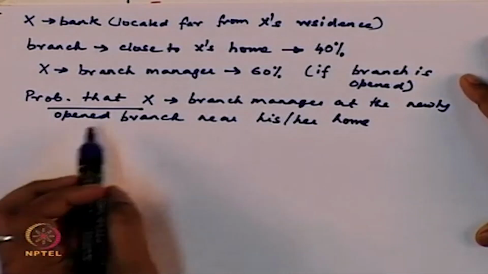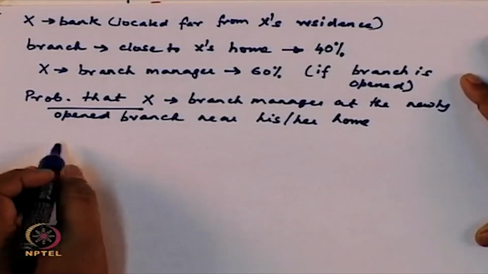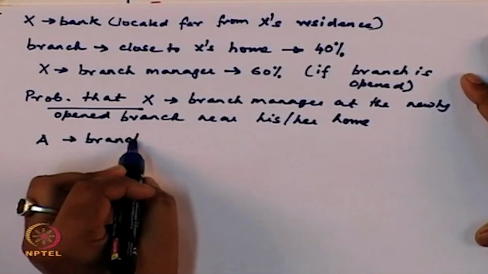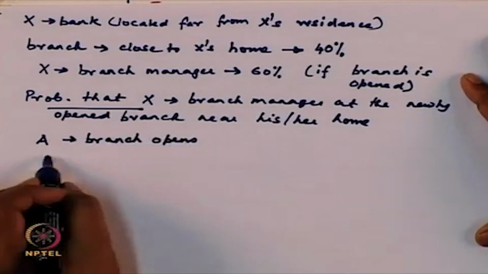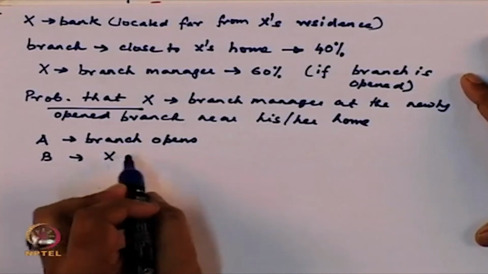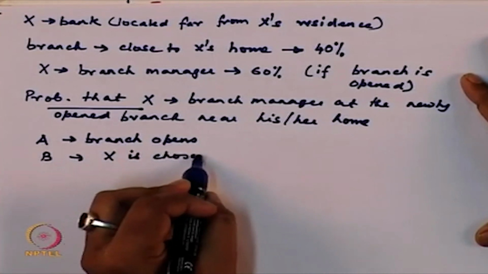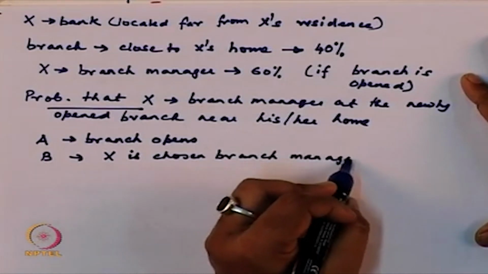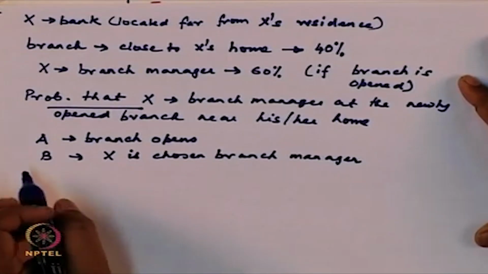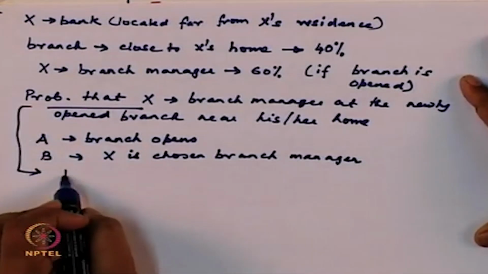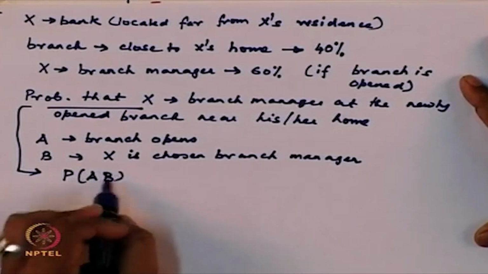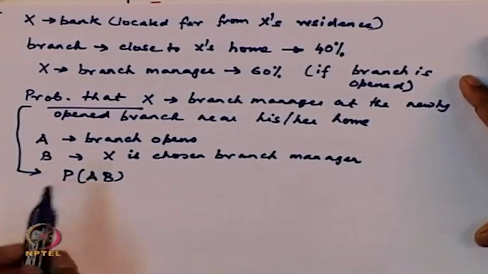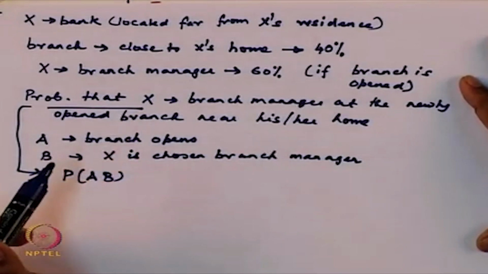So, let us define the event A, that the branch opens, and B, that X is chosen branch manager. What we have to calculate here is probability of A and B, that X is branch manager at the newly opened branch near his home, which means that the branch has been opened and he is the manager there.